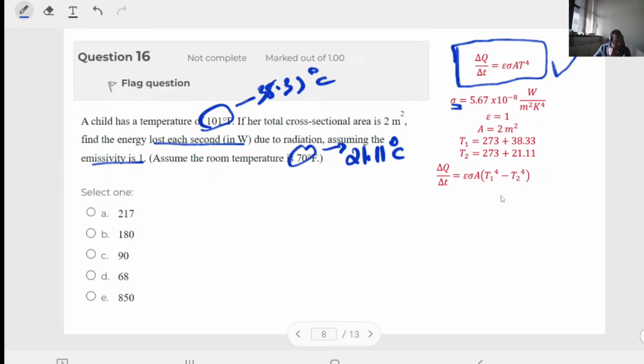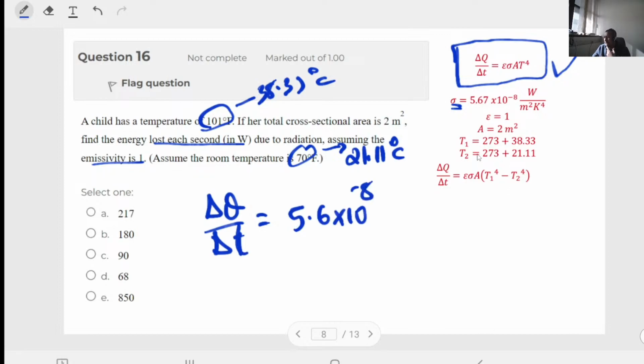If you put the numbers together, delta Q by delta T equals 5.67 times 10 raised to minus 8, times T1 raised to 4 minus T2 raised to 4.